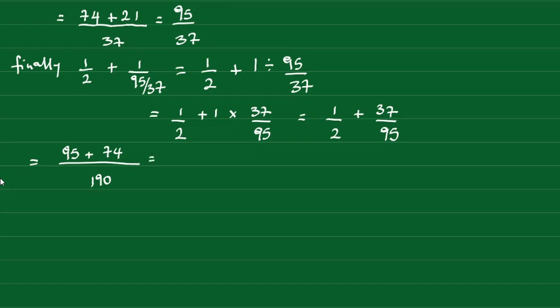This in turn is equal to 95 plus 74. We have 169 over LCM 190. So our answer to this is 169 divided by 190. Thank you.